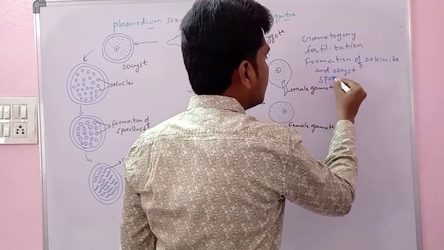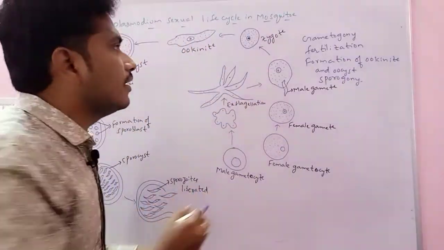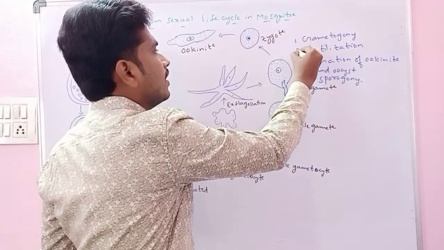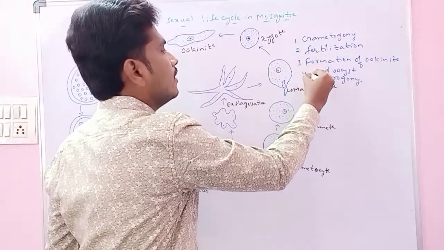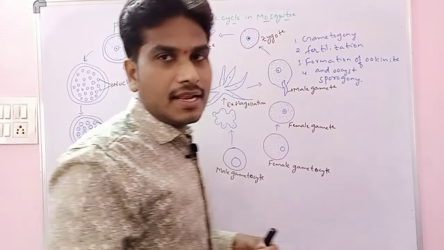The last stage will be sporogony. By these 4 steps, the sexual life cycle of the Plasmodium takes place in the female Anopheles mosquito.